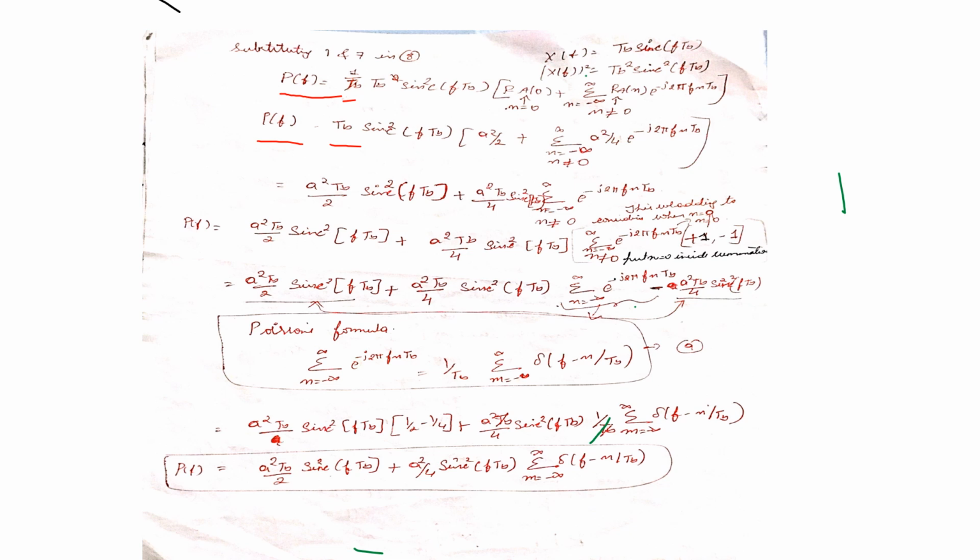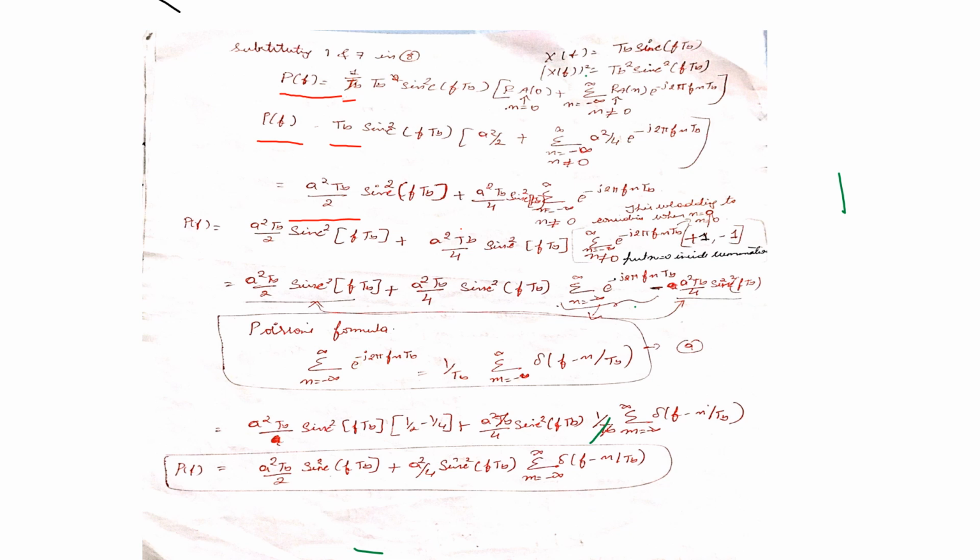So now I am going to multiply this parameter here, and this becomes A squared T_b by 2, and this is going to have the value A squared T_b by 4 sinc squared of f T_b, summation n equal to minus infinity to plus infinity e to the power of minus j 2 pi f n T_b.